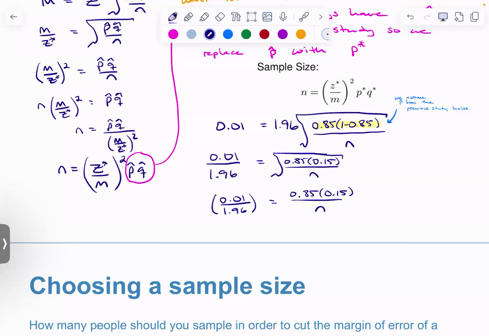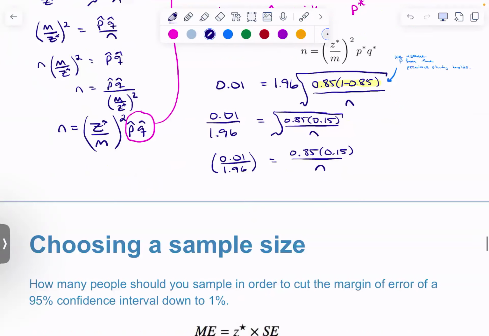0.01 divided by 1.96 is just a number. And so to solve for n, I'm going to multiply this over here and divide this over here. So I get n is, nope, opposite, 1.96 divided by 0.01 squared times 0.85 times 0.15.